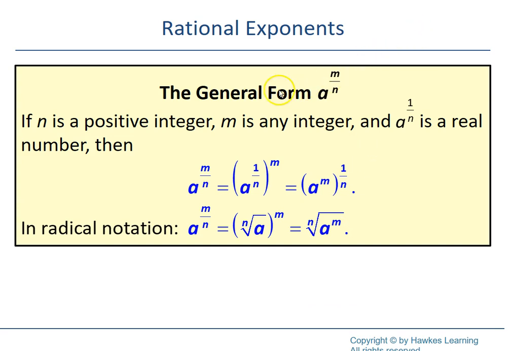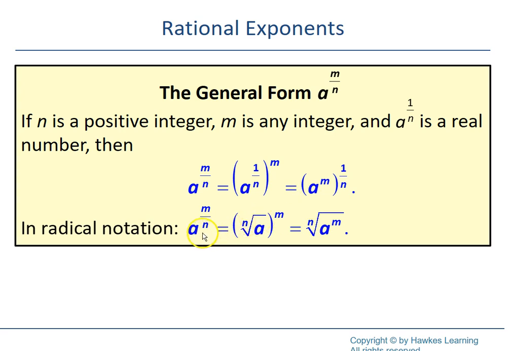Okay, so again, there's the general form of the radical exponent, often referred to as fractional exponents, where the denominator is the index number of the radicand, and this will be our exponent.